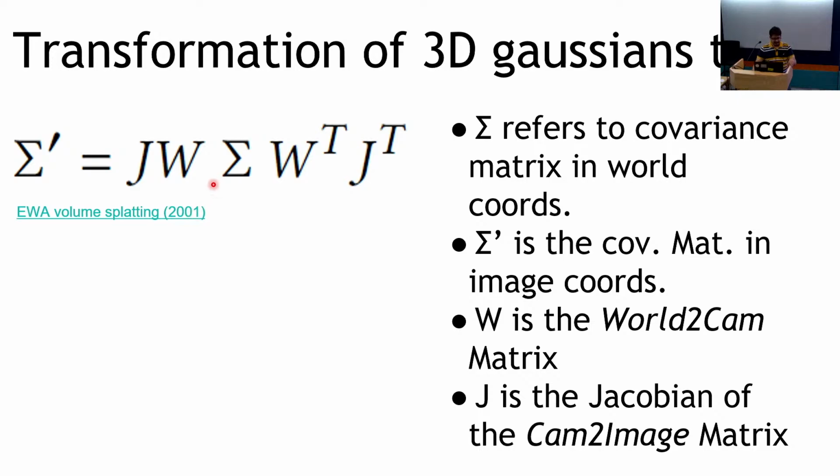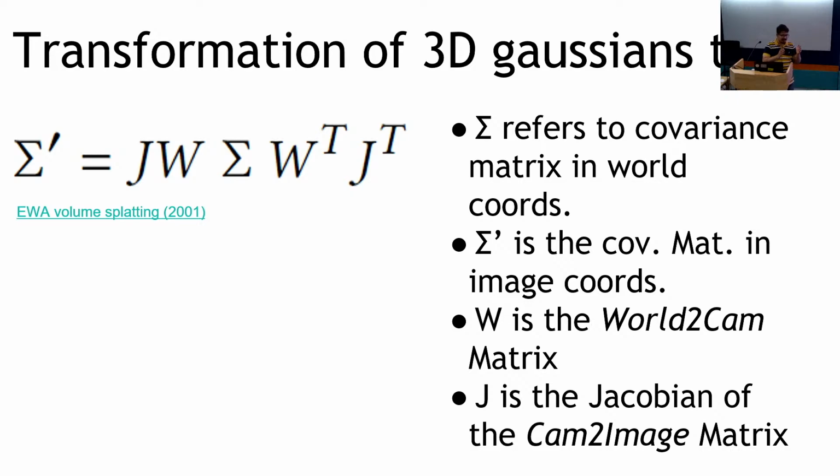For example, this is the very well-known paper, EWA volume splatting, from 2001. So given the covariance matrix in world coordinates, you have your world to cam matrix, and cam to image. These are notations maybe which you would have read in your DIP, digital image processing course, right?